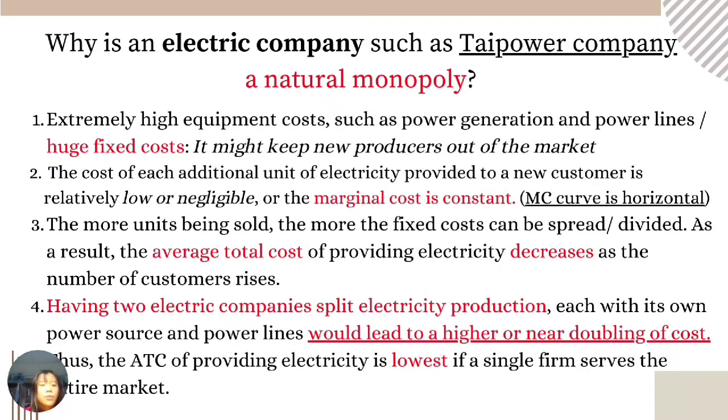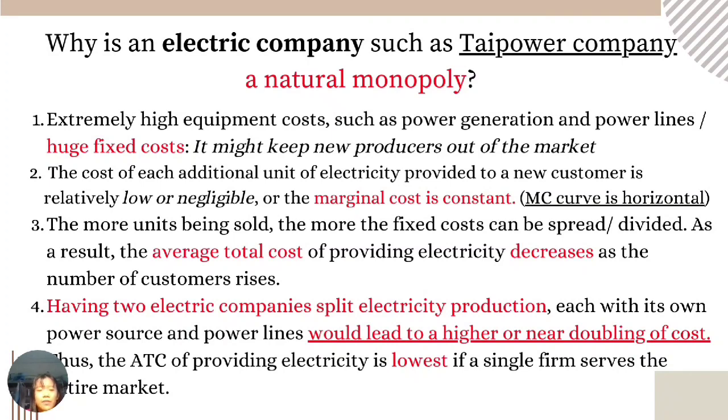Thirdly, the more units being sold, the more the fixed costs can be spread or divided. As a result, the average total cost of providing electricity decreases as the number of customers rises. As we know, average total cost is total cost divided by quantity, and due to the fact that in a natural monopoly the marginal cost and the average variable cost are relatively constant, it leaves us with the fixed cost divided by the quantity.